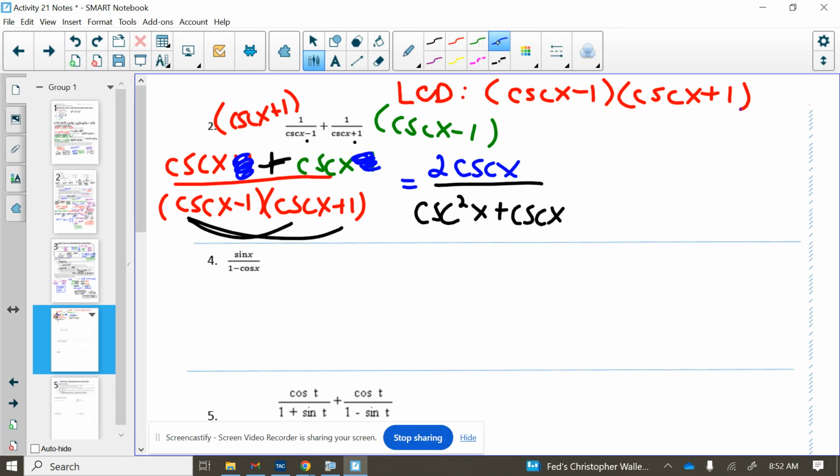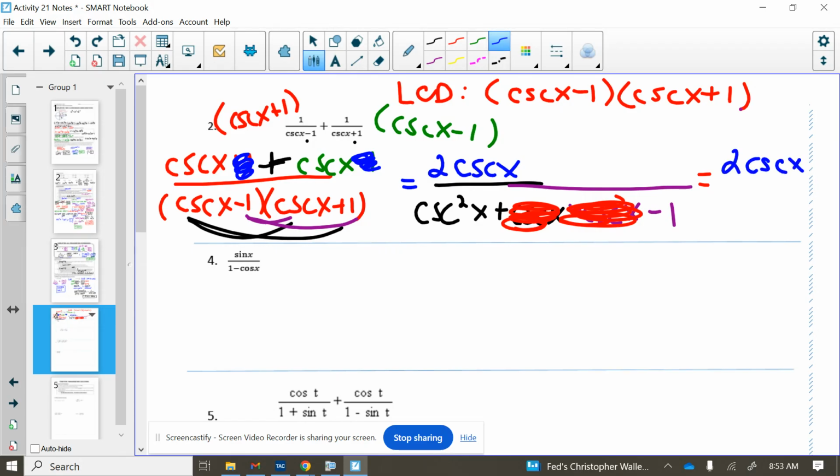And then we're also going to distribute out this negative 1 through. So minus a cosecant minus a 1. Well, similar to up above, these are actually going to cancel, right? Cosecant of x minus cosecant of x. And we're left with 2 cosecant of x divided by cosecant squared x minus 1.